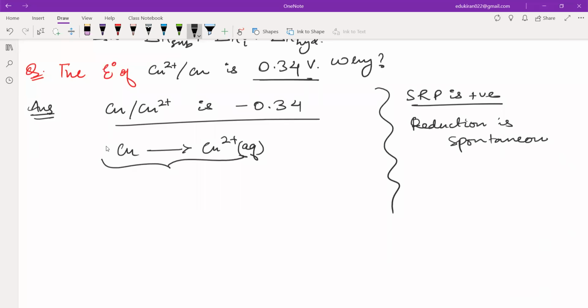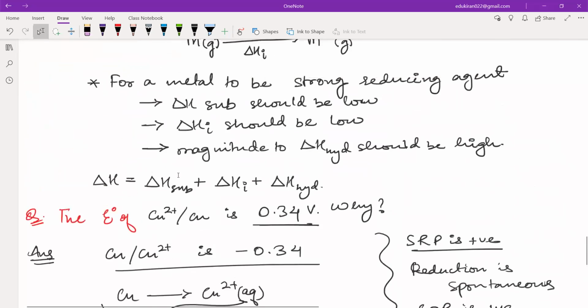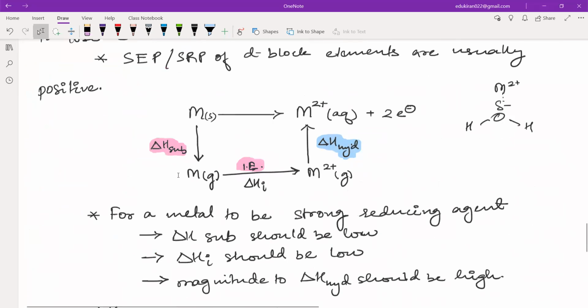And if SOP is positive, then oxidation is spontaneous. Right? Yes or no? Yes. Okay. We have written this thing wrong.